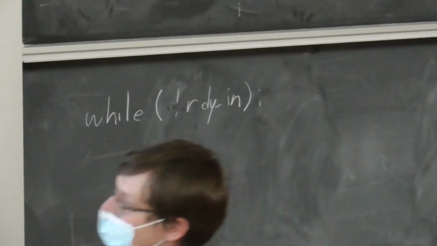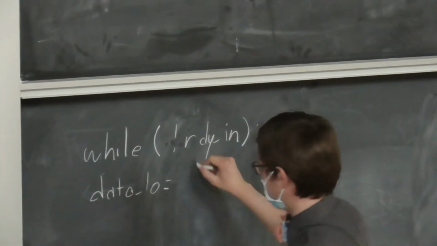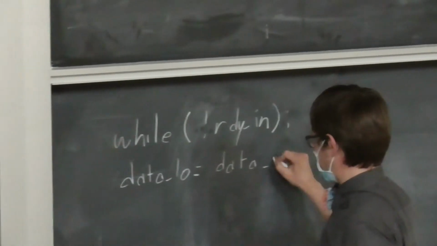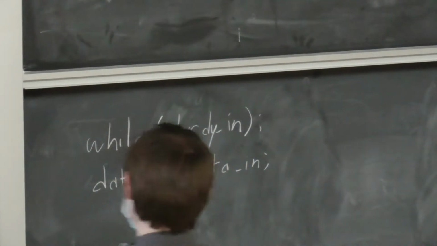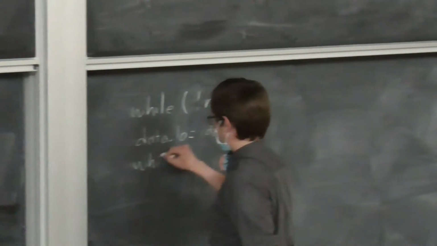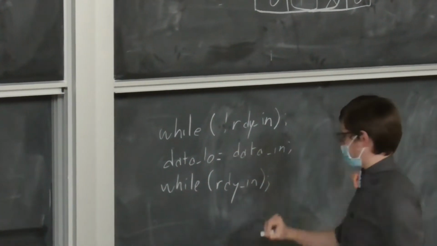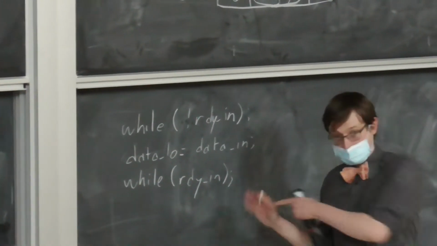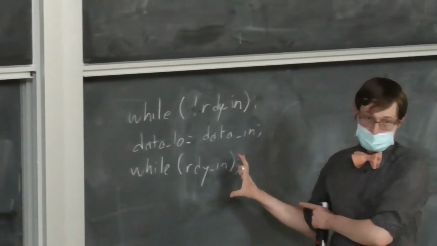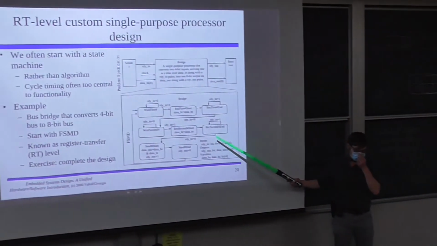Then you go to data load is equal to data in, next statement. Then you wait for it to go back down to 0, so while ready in, right? Are you with me so far? Yeah, I think so. So we have a correspondence. Somebody designed this algorithm, right? This is an expression of that algorithm, right?